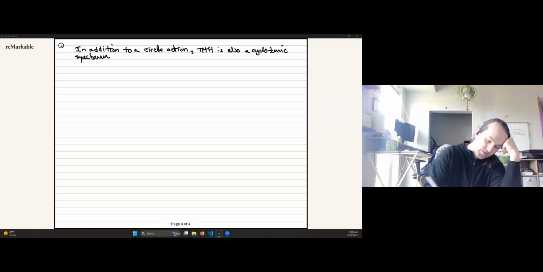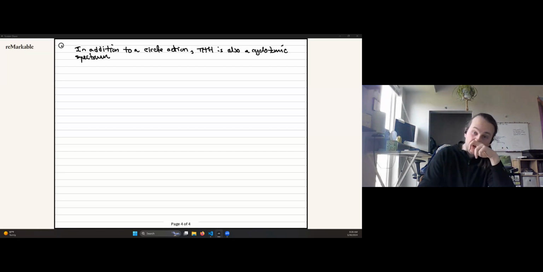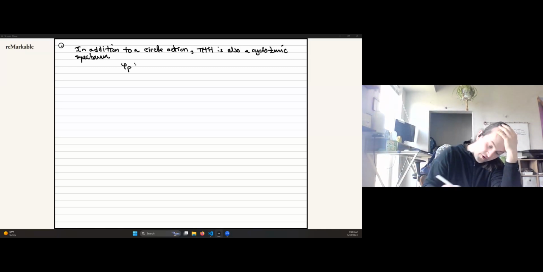And this just means, and apologies to anybody who does genuine equivariant homotopy theory in the audience and really likes that perspective, that there are some maps called phi_p, which go from THH of A to THH of A Tate C_p. This thing here is the C_p Tate construction.